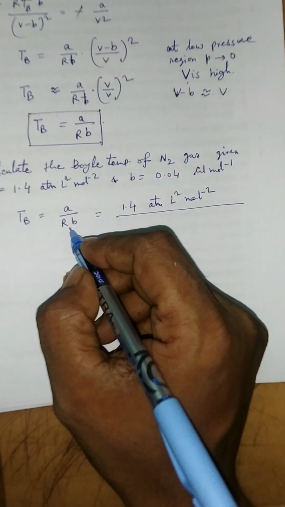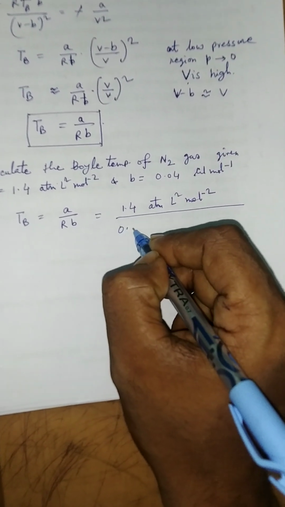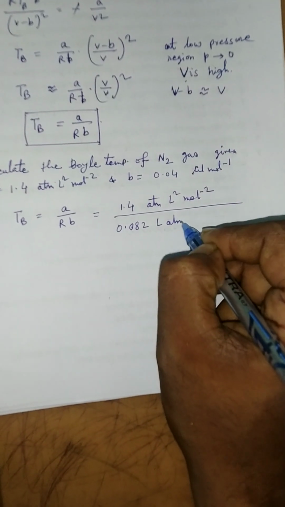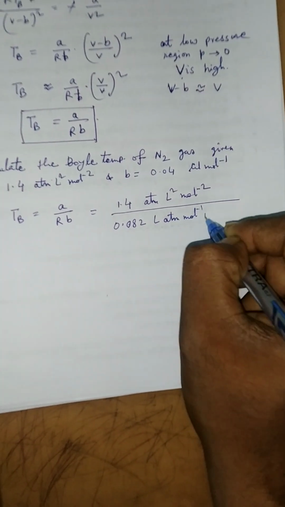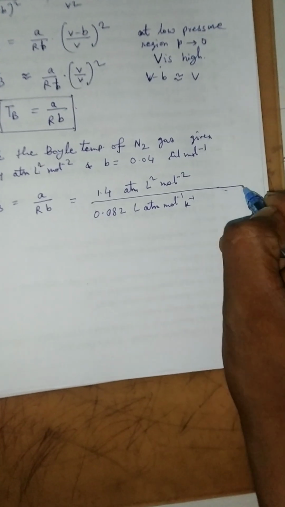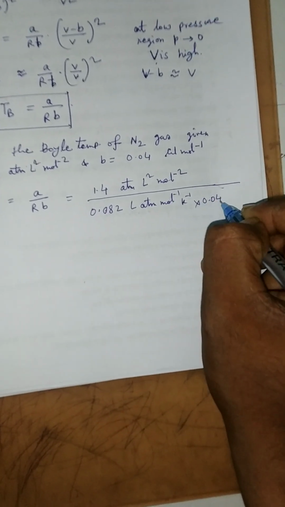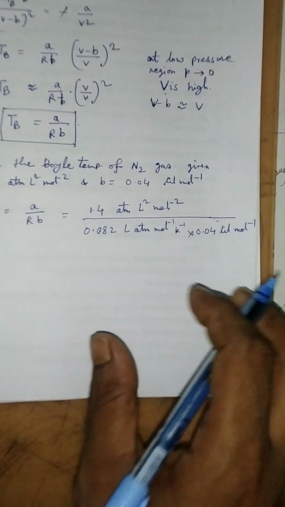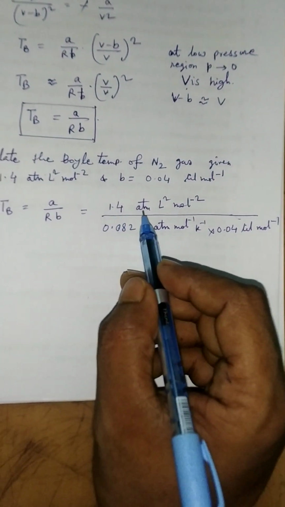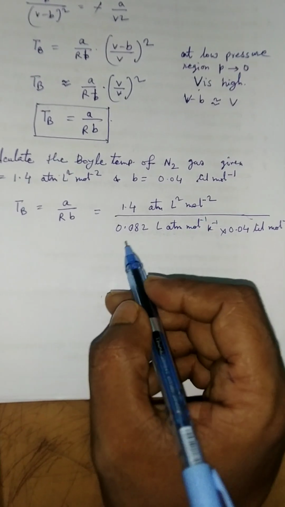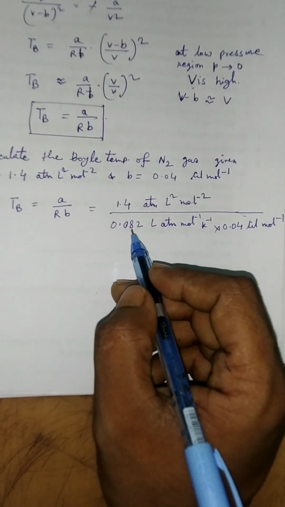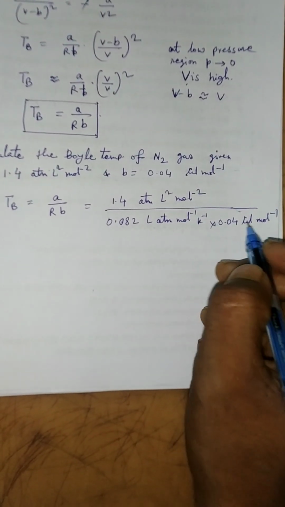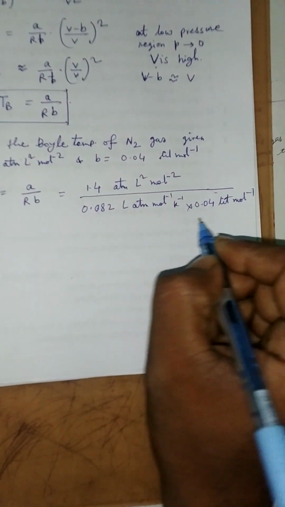R we know in atmosphere liter is 0.082 liter atmosphere mole inverse Kelvin inverse, and b value is 0.04 liter mole inverse.